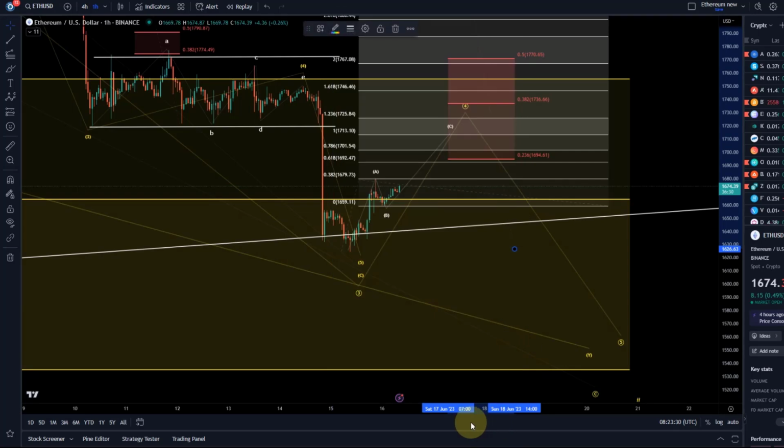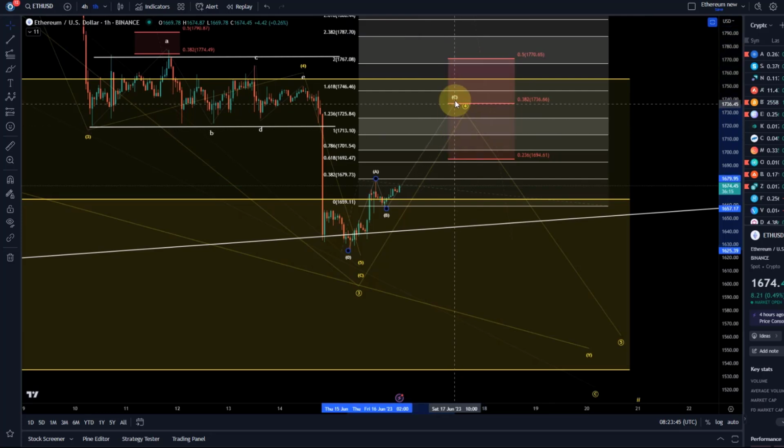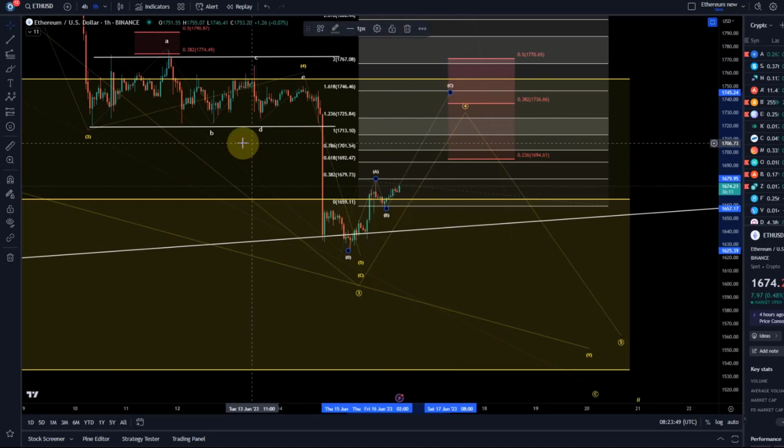That's at 1694, pretty much in line with where the 61.8 extension is sitting, so we have a bit of an overlap there. And then if it pushes even above 1713, which is entirely possible in this particular structure, then we're looking at 1746, which is the 1.618 extension.